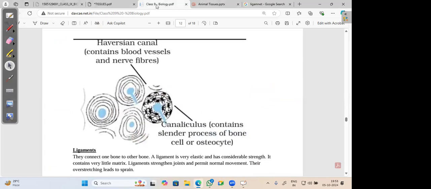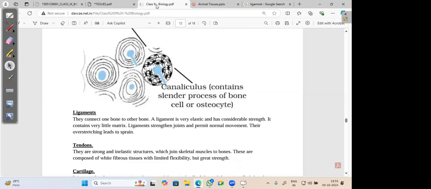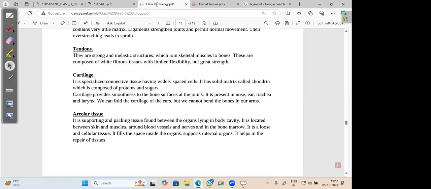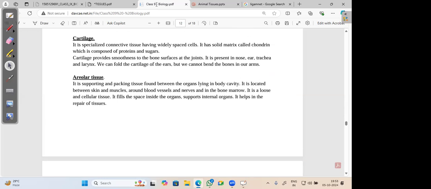You have a canaliculus that contains slender processes of bone cells or osteocytes. So see, these small structures you see, they are your bone cells, which are also called osteocytes. Ligaments, tendons, cartilages.